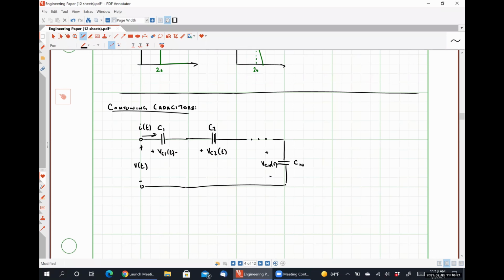So if we apply Kirchhoff's voltage law around our loop, what we'll find is that v of t is equal to VC1 of t plus VC2 of t plus VCn of t.